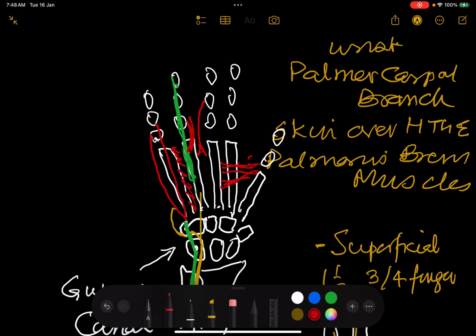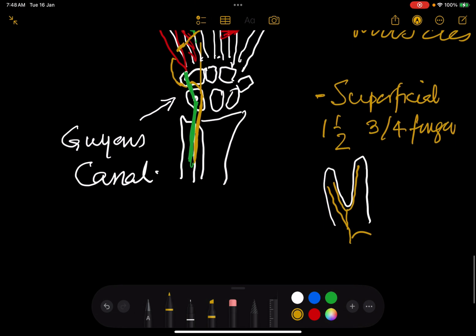So this nerve basically passes between abductor digiti minimi and flexor digiti minimi, pierces the opponens, supplies all interossei, the third and fourth lumbricals, and ends in the transverse head of adductor pollicis. So we'll state it again.